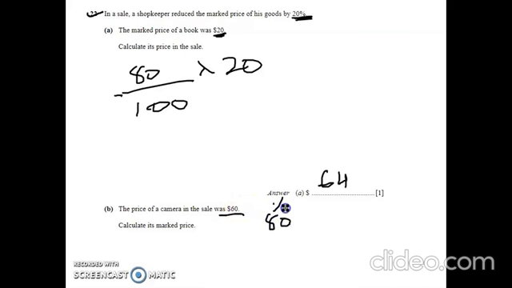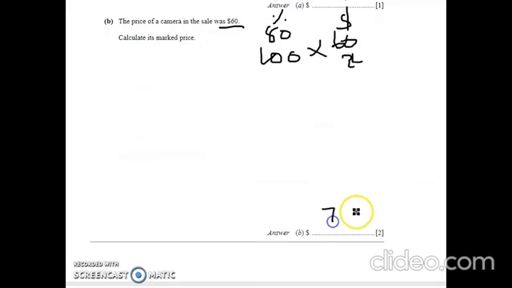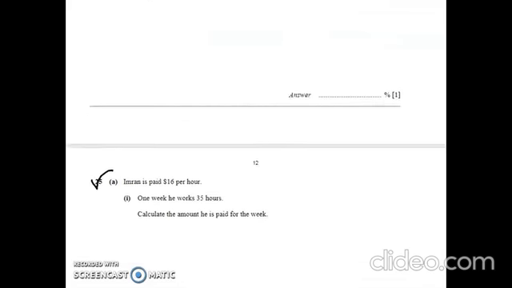So here we will have percentage, here we will have the dollar value. So 80% is actually 60. Mark price will be 100%. So we can simply cross multiply 100 multiplied by 60 divided by 80. That gives us 75. So initially the price was $75. Okay, let's move to the next question.